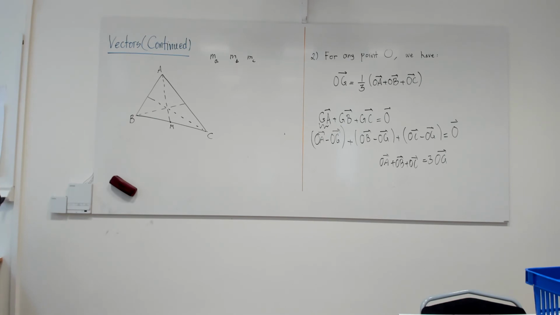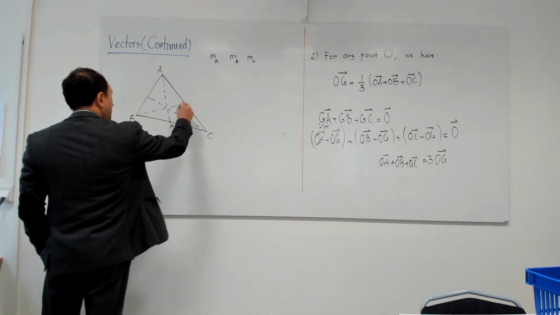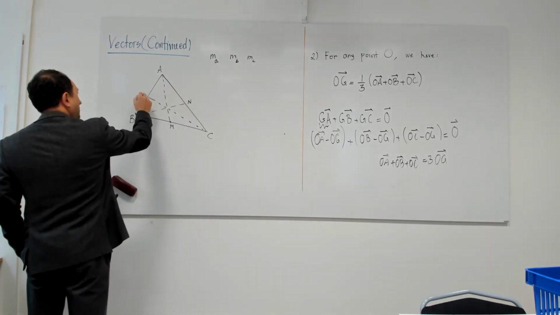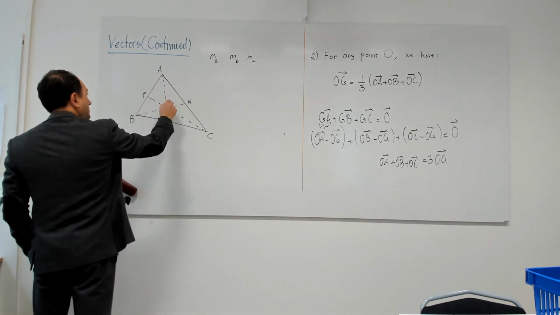My claim is that using these 3 medians, you can make another triangle, which is not trivial. Let me give them names here, AM, BN, and CP. And this is, if you want, the centroid.